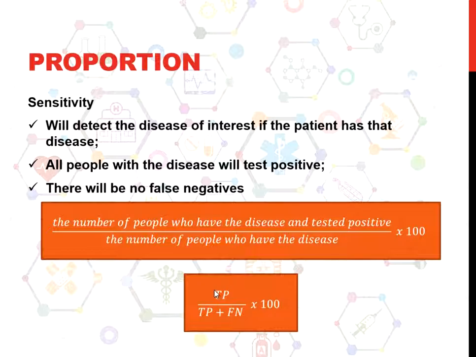TP or true positive. Ito yung may sakit na nag-test na positive. Next, TP ulit kasi kailangan isama natin yan kasi total ng may sakit. False negative or FN. Ito yung may sakit na nag-test na negative. Okay, in short, ito yung nag-test na positive na may sakit, ito yung lahat ng may disease. So, times 100 kasi proportion ito or ang ating ginagawa dito is percentage.